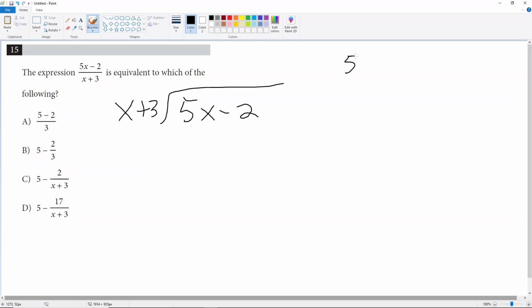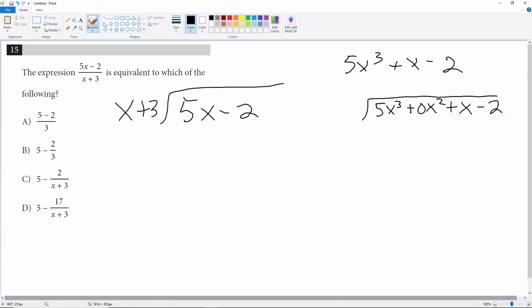Let's say it was 5x cubed plus x minus 2. Notice that there's no x squared, there's no x to the second power. So when you perform polynomial long division on this one, you'd have to put a placeholder for x squared. So this would be 5x cubed plus 0x squared plus x minus 2.